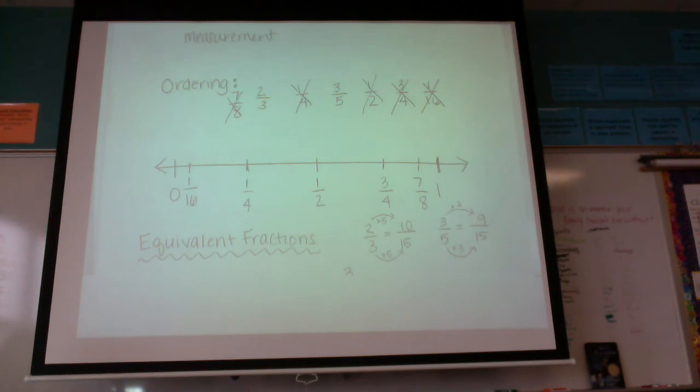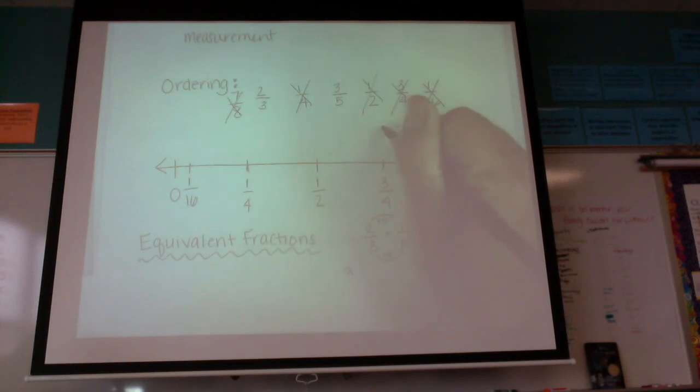Now 2/3 or 3/4. Where am I going to put 2/3? On this side of 3/4 or on this side? Let's draw a picture as a strategy to help us with this one. So maybe I have 2 pizza pies here, and one's divided into 4ths, and 3 of them are shaded.